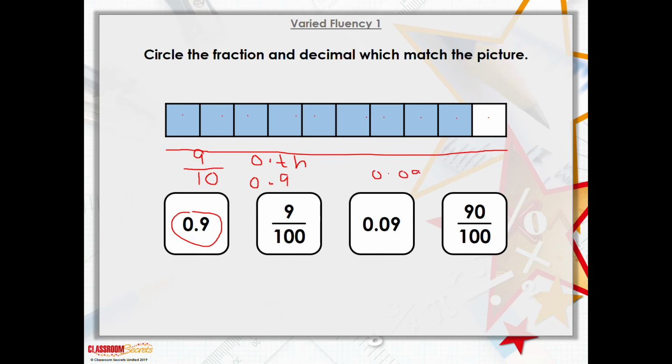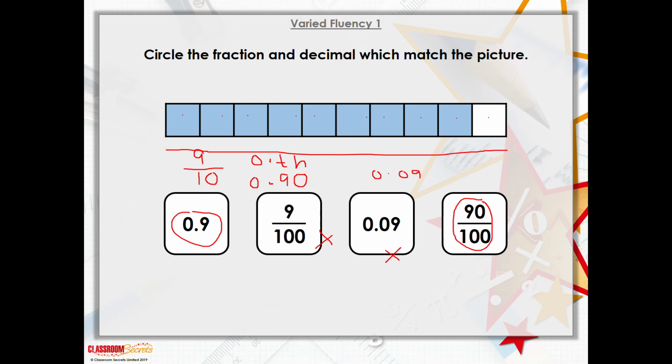We haven't actually hit a tenth yet, so I'm not going to circle this one. I'm not going to circle this one, because that's still showing 9 hundredths. However, 90 hundredths is actually correct, because if I place a place value holder just in my hundredths, 9 tenths is actually also 90 hundredths. So I'm going to circle this answer here.